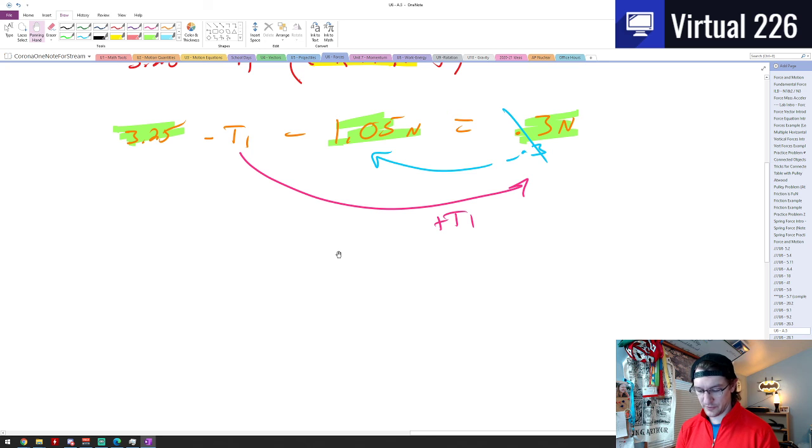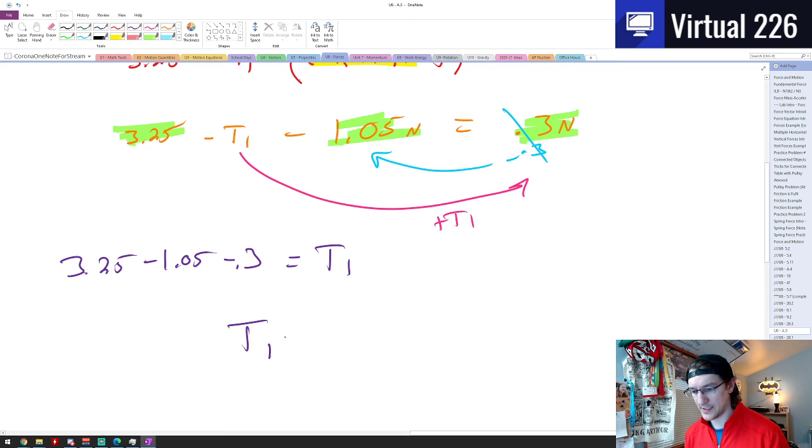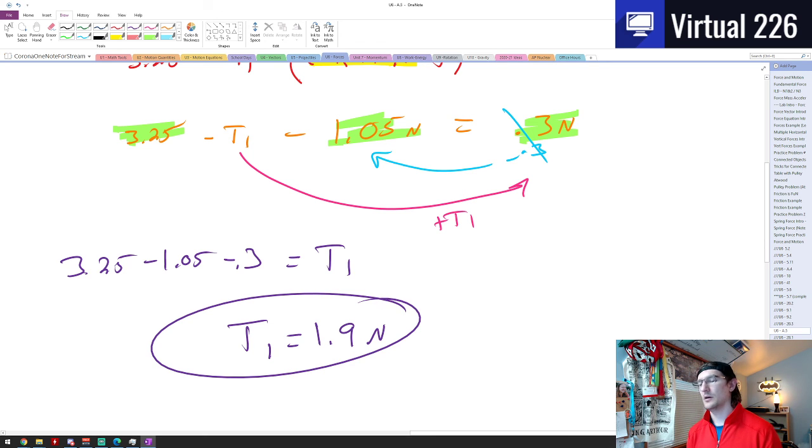So what I'll see now is 3.25 minus 1.05 minus 0.3 equals T1, and we find that T1 equals 1.9 newtons.